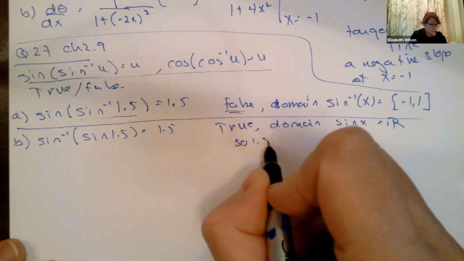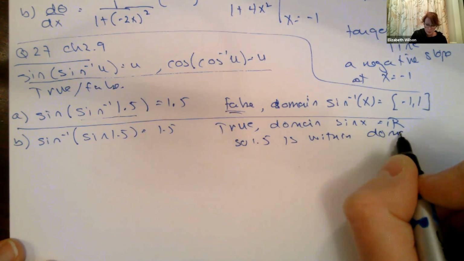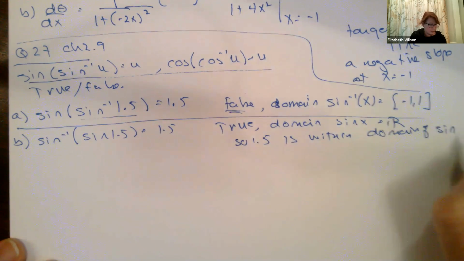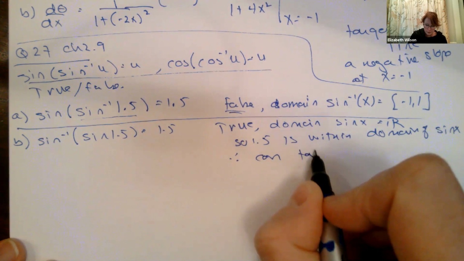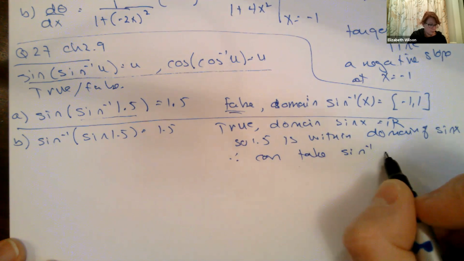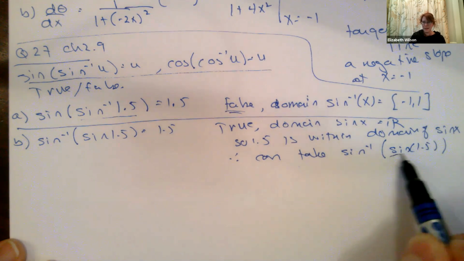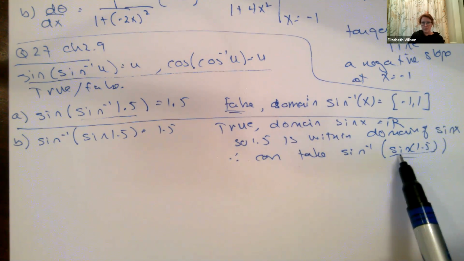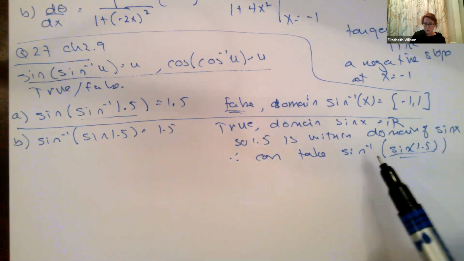So 1.5 is within the domain of sine of x. Therefore, we can take the inverse sine of whatever the sine of 1.5 is, right? So you can think about it as I'm going to take the sine of 1.5, that's going to be a number, and I'm going to plug that into my inverse sine function, because my sine is going to give me an output that's between -1 and 1, which will satisfy the domain of my inverse.